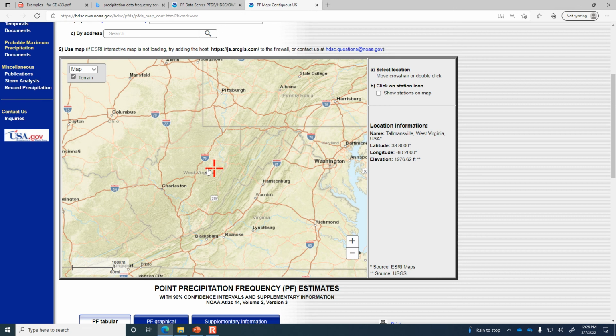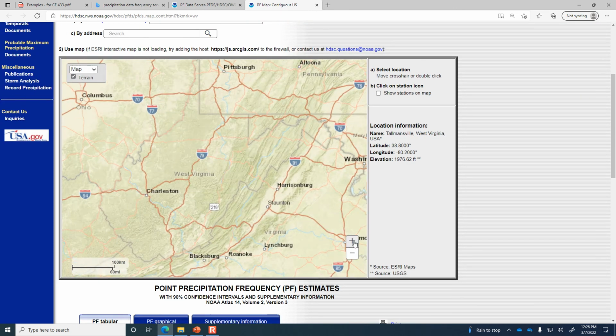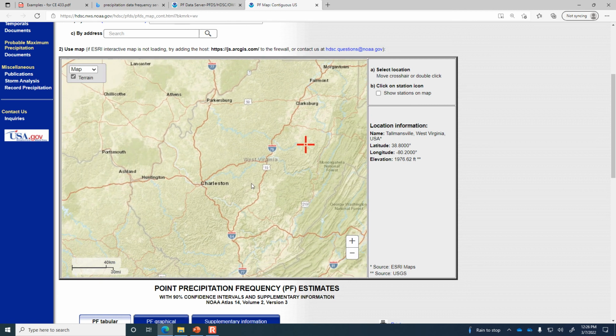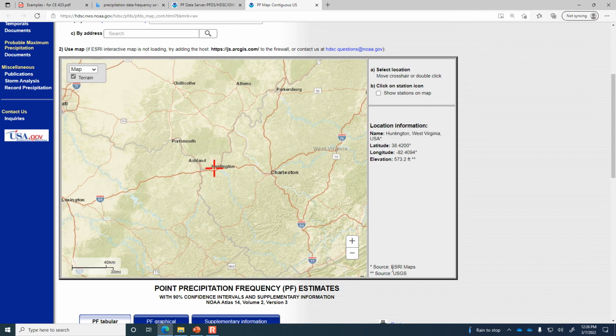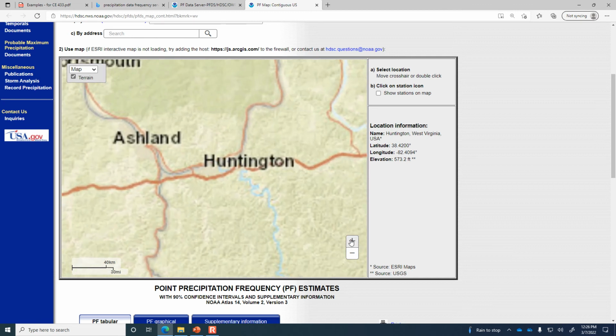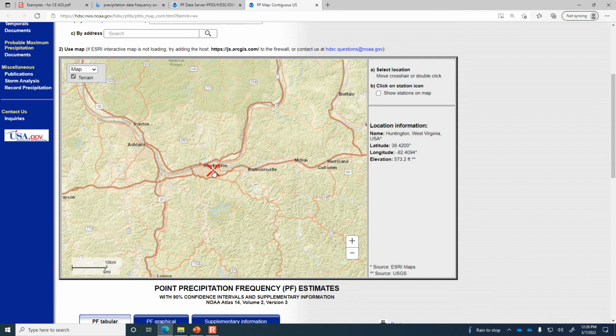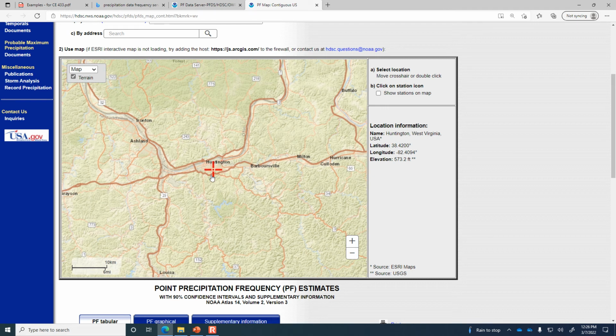Maybe I need to zoom in a little bit to see Huntington. I'm going to drop the cursor on Huntington, although it won't change much depending on what part of Huntington. If we're talking about a 3-mile watershed, it's probably not going to be in the flat part, so let's put it in the South Hills a little bit.